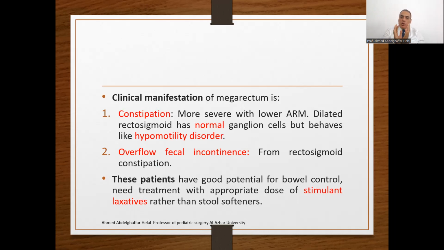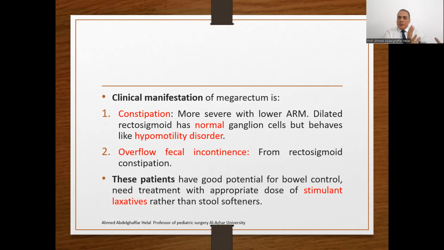So in the patient with a low defect, in which posterior sagittal anorectoplasty was used for the treatment, usually the distal part of the bowel is preserved. This distal part is called the rectal reservoir, and it will be dilated. This may lead to constipation.